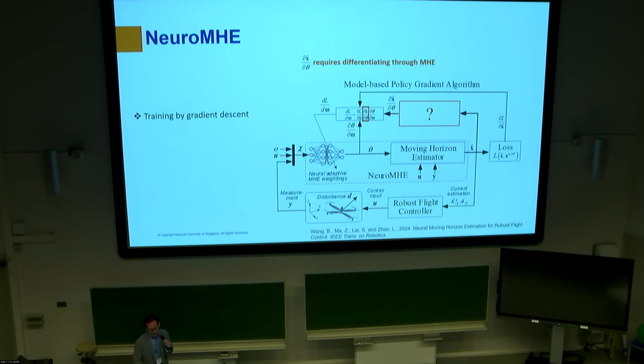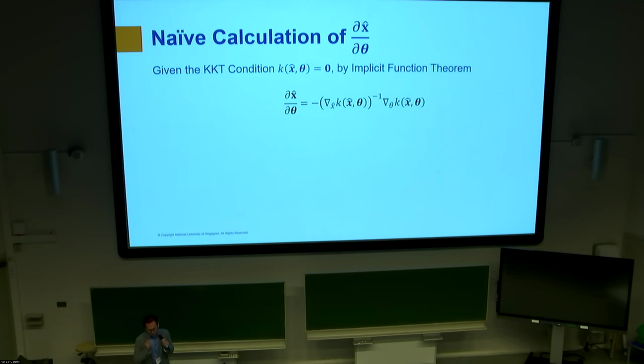All right, so what is this part? If we naively calculate this gradient using the implicit function theorem, because we know the KKT condition after solving the MHE, it defines the implicit function of the optimal solution X and the hyperparameter theta. We can call the implicit function theorem to do this gradient calculation. If N is the MHE horizon, then computing this inverse will be at least of the order of N squared.